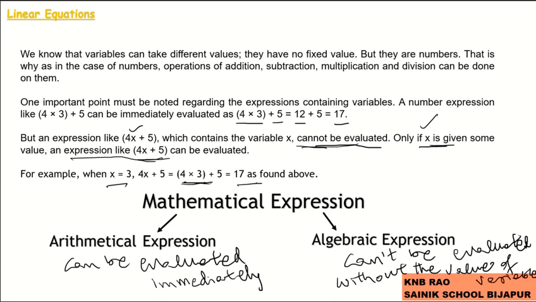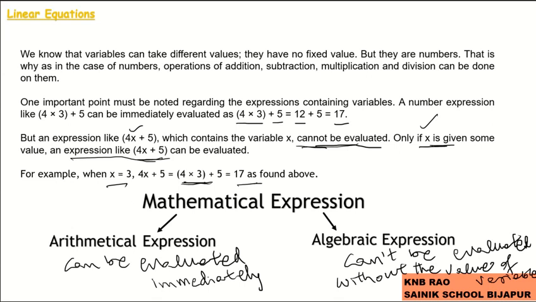One more important point: an expression containing only numbers is a number expression which can be immediately evaluated, but an algebraic expression cannot be immediately evaluated. Both arithmetical expression and algebraic expression put together are called mathematical expressions.